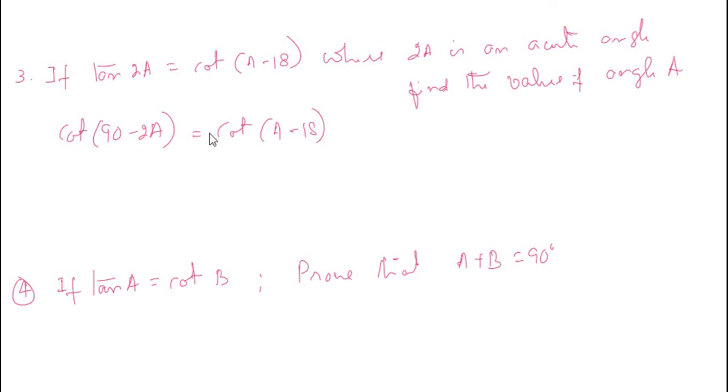Here also cot, here also cot. The same function. So 90 minus 2a equal to a minus 18. 90 plus 18, 108 is equal to a plus 2a, that is 3a. Therefore a equal to 108 divided by 3, that is 36 degree.